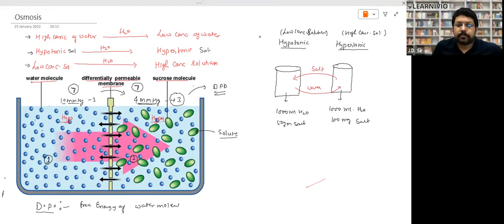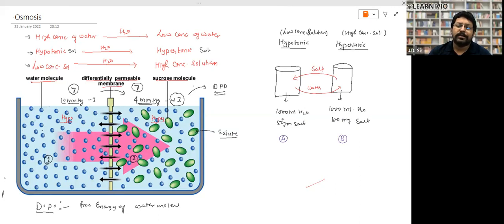Suppose I have 2 tumblers, tumbler A and tumbler B. In one tumbler I have 1,000 milliliters of water and 50 milligrams of salt, and in another tumbler 1,000 milliliters of water and 100 milligrams of salt.